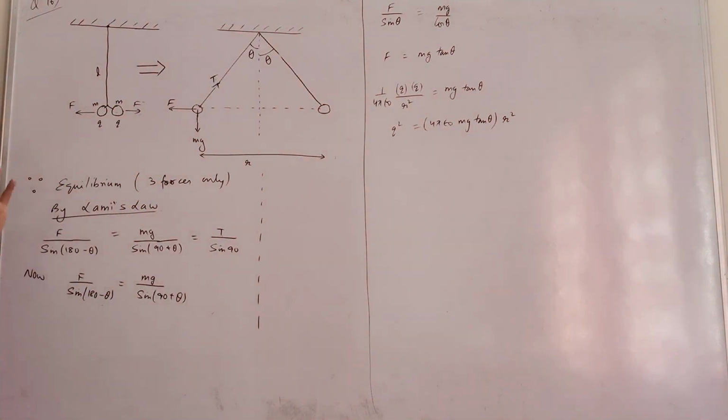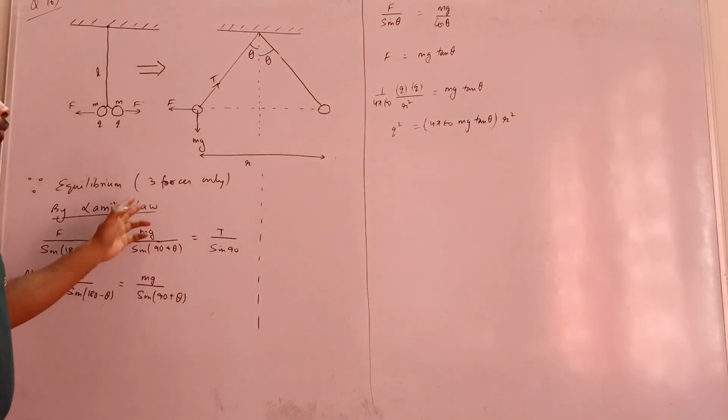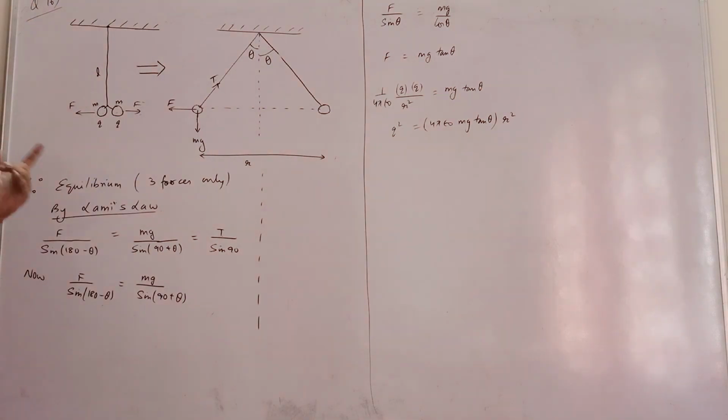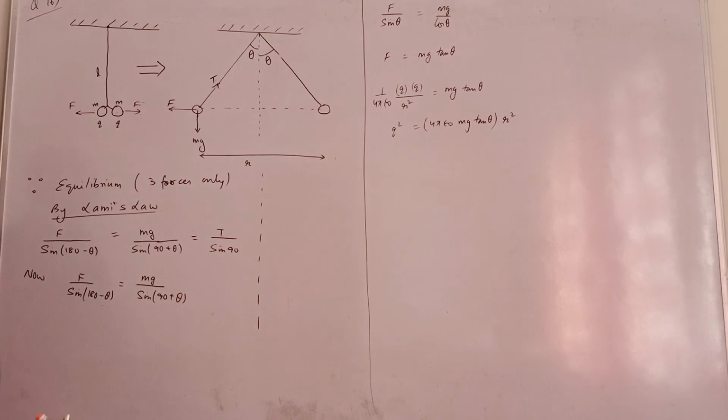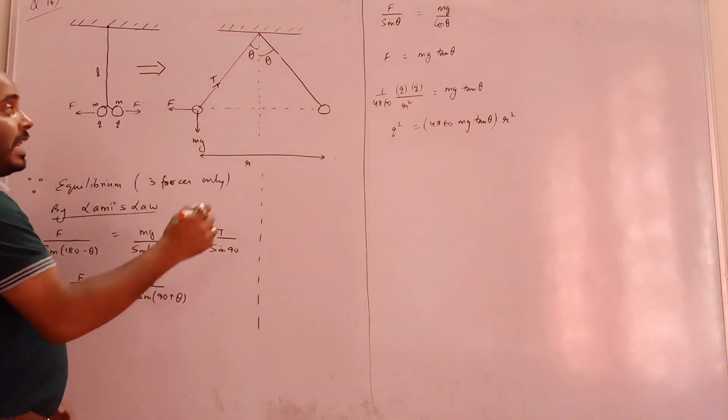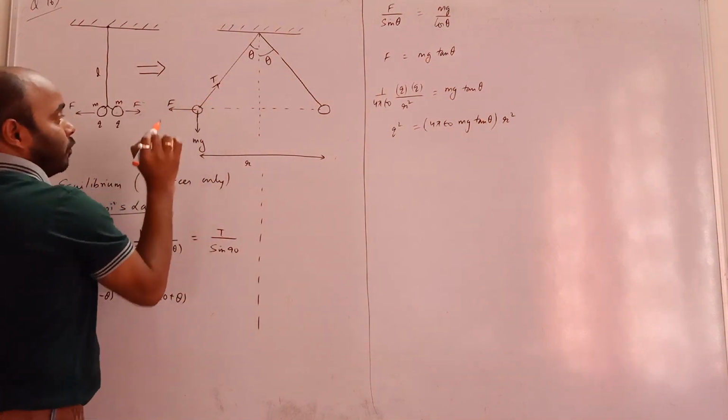Since it is in equilibrium and three forces are acting, we can use Lami's law. Only three forces are there. We don't have to go for resolution now, we can go for Lami's law. Now what does Lami's law say? Force divided by the sine of the angle between the other two forces. For applying Lami's law, we need the angle between each pair of forces.